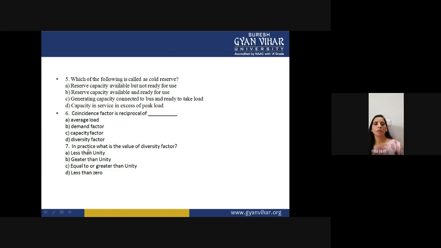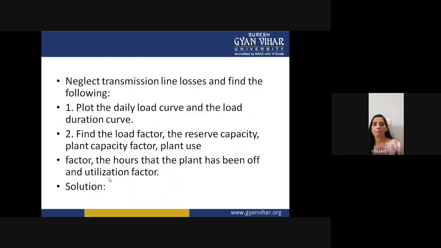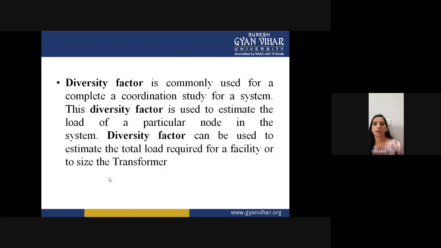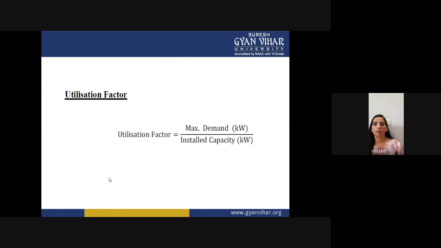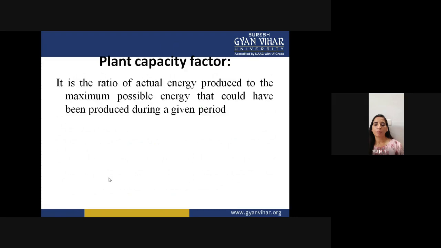Now, in practice, what is the value of diversity factor? You have seen in your previous slides that I have already explained the formula of diversity factor. Diversity factor is always greater than 1, because it is equal to the sum of individual maximum demands divided by the maximum demand of the power station.